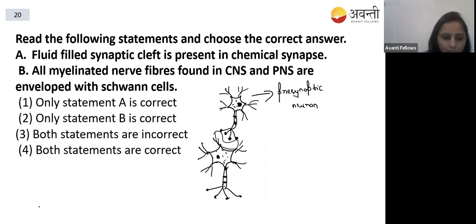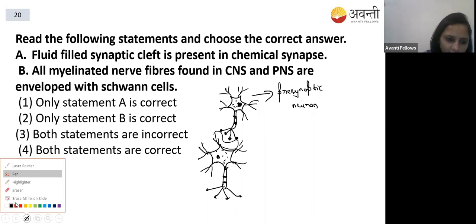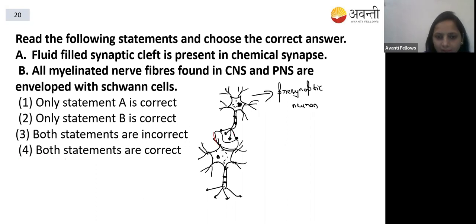So there is a synaptic cleft here. Here you can see what they are telling, that synaptic cleft. This is a synaptic cleft. So this is a fluid filled space, okay? In this fluid filled space, the neurotransmitter will be released, okay?